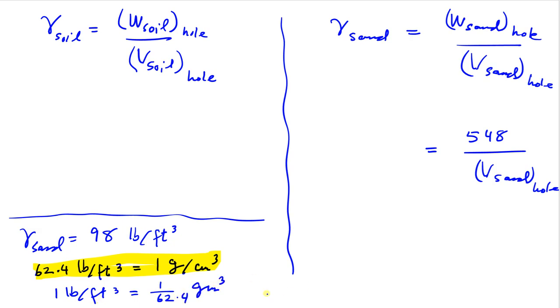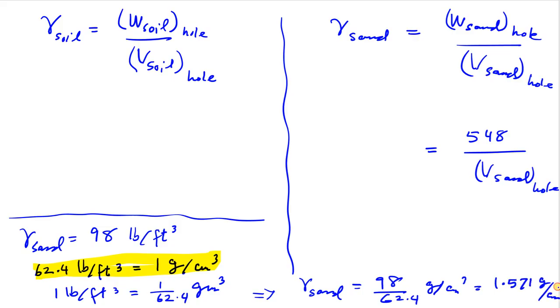So gamma sand is going to be 98 divided by 62.4, and the units will now be gram per centimeter cube. If you calculate, this comes to 1.571 grams per centimeter cube.